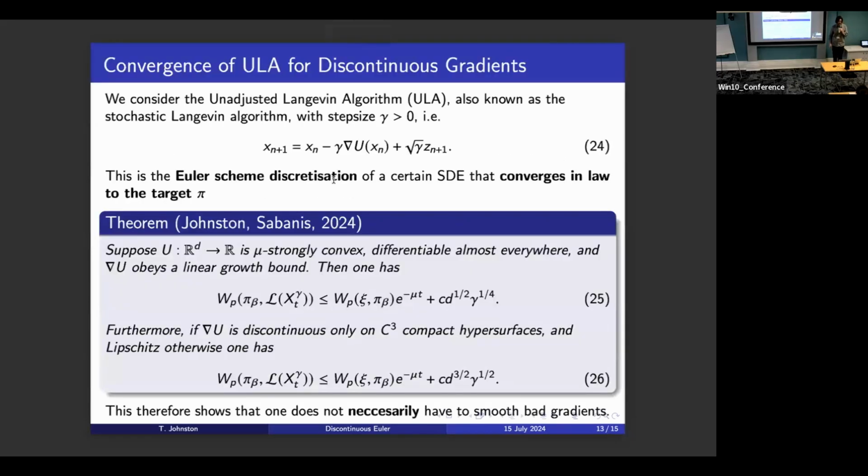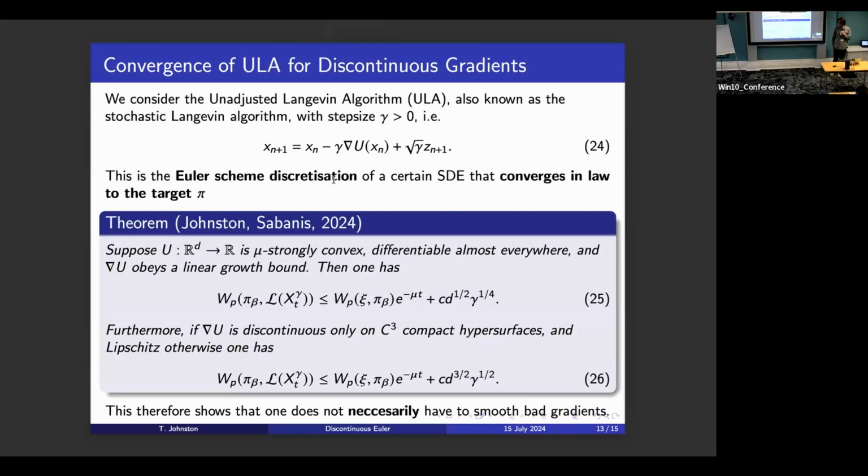In particular, we considered a very popular sampling algorithm, the unadjusted Langevin algorithm, which is the discretization of the overdamped Langevin dynamics discussed in the prior talk. It's also known as the stochastic Langevin algorithm, and has a lot of non-asymptotic bounds achieved. We just discretize the overdamped Langevin dynamics with step size γ greater than 0 in this case, and Z_n is just a sequence of IID Gaussians.